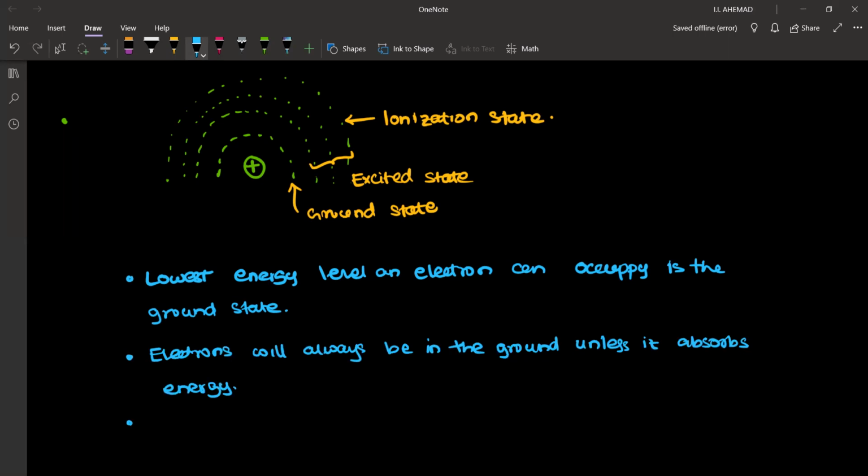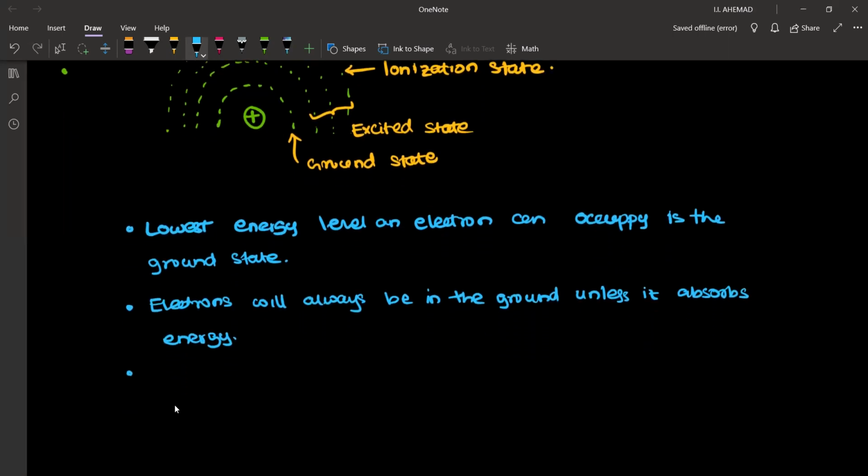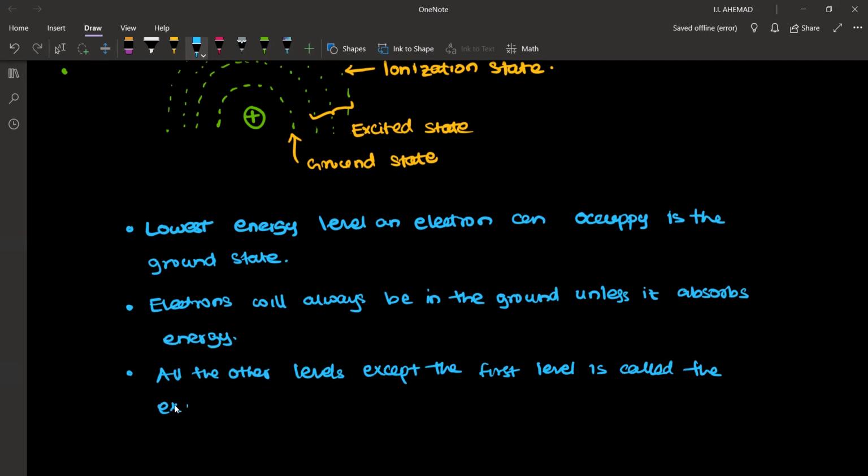So except the first level, all the other levels, we call them the excited state. All the other levels except the first level are called the excited state.